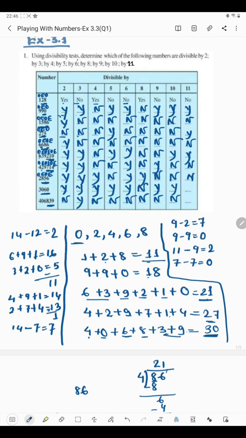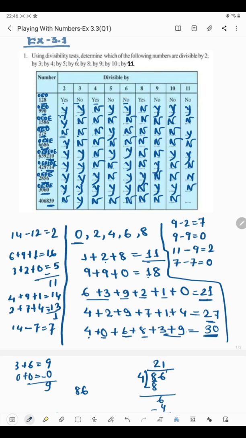Okay, now next we have odd, even. The sum of the digits at odd places is 3 plus 6 is 9, and at even places it is 0 plus 0 is 0. If you find the subtraction, we will get 9, which is not divisible by 11.